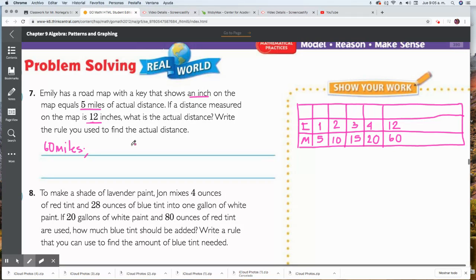We multiply the number of inches by 5 to get the number of miles.